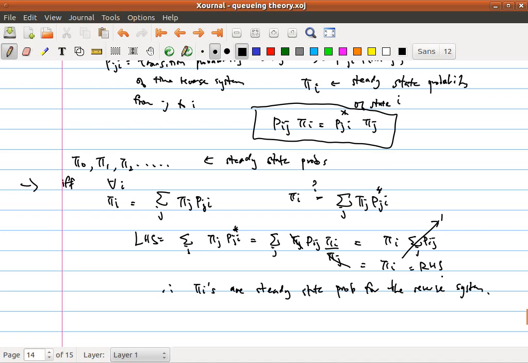And remember that for most of the systems that we study, they satisfy the detailed balance equation.